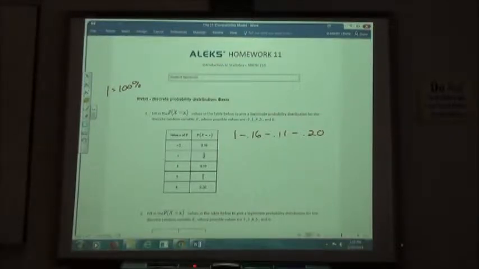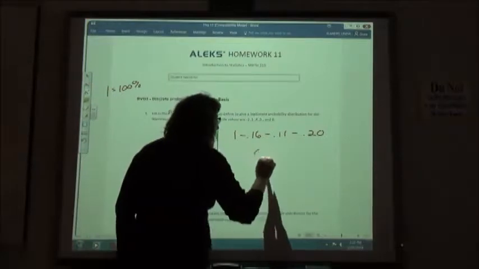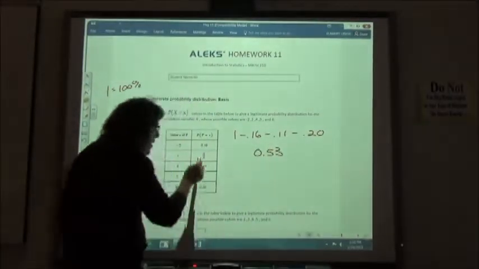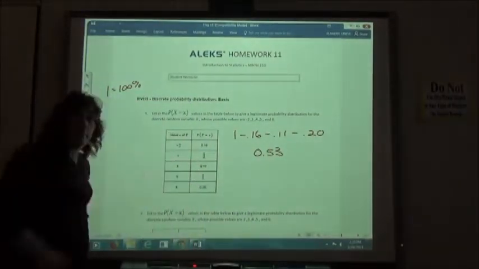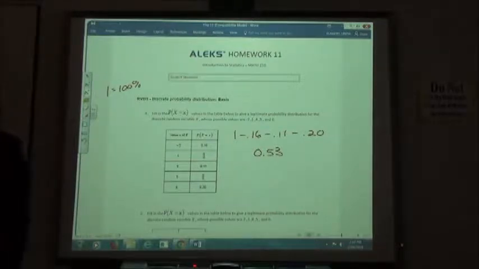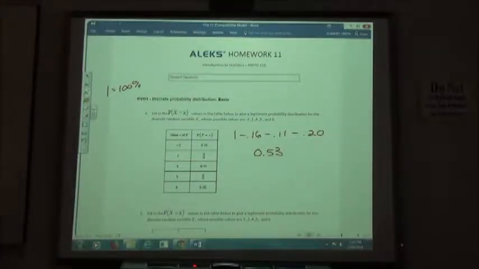So if you took 1 minus 0.16, minus 0.11, and minus 0.20, what did you get? 0.53, right? It doesn't matter which combination you do, you just have to pick two values that add up to 0.53.